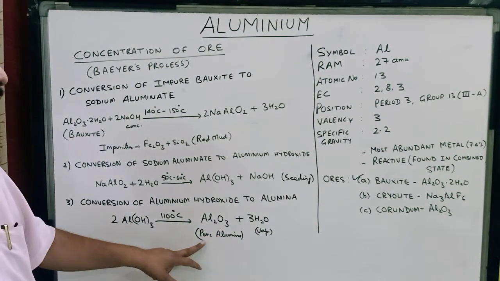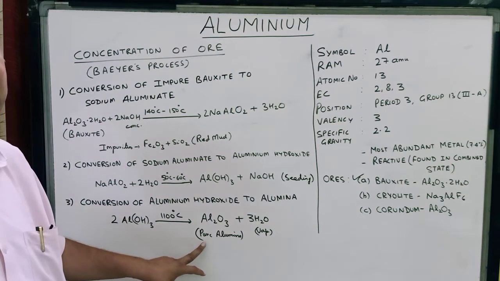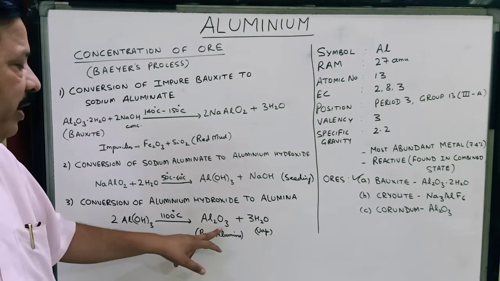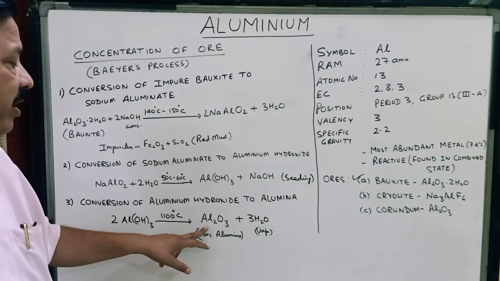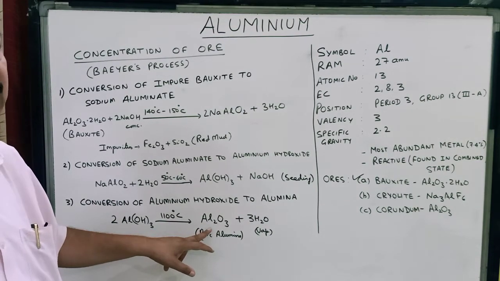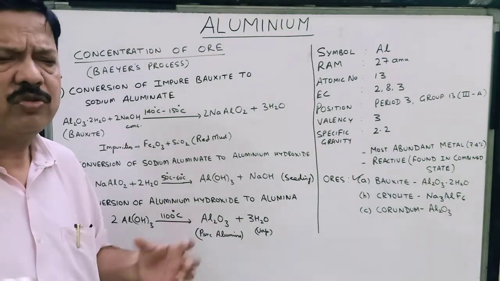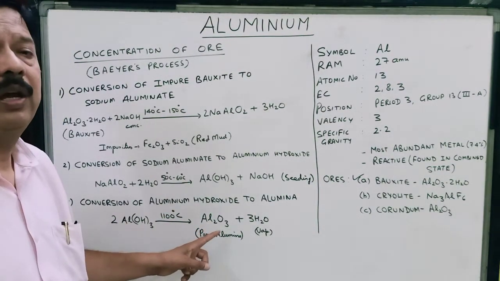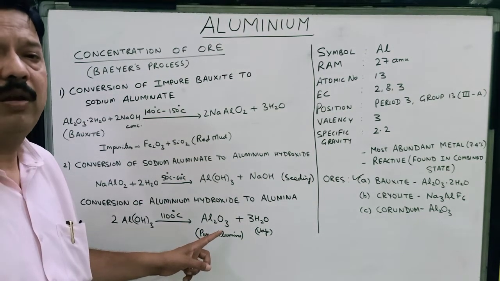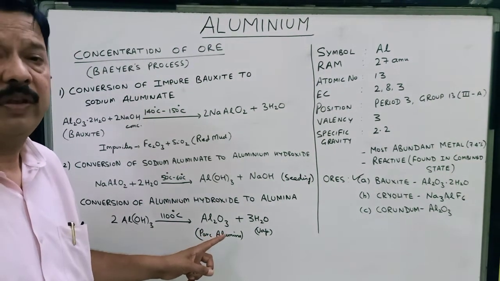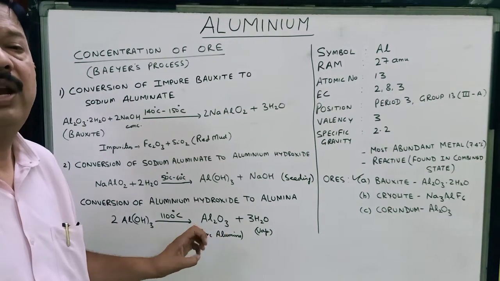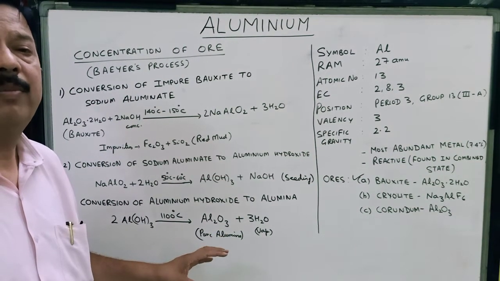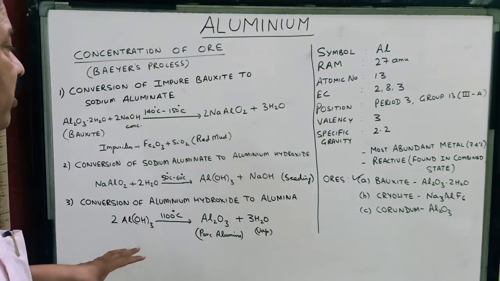So here we get pure alumina, from which we extract aluminium. Aluminium can be extracted if we reduce this compound, that means remove oxygen from it. Aluminium has a very strong affinity towards oxygen, so the reduction of aluminium oxide to aluminium is not an easy process. It can only be done through electrolysis, so we do the reduction by the electrolytic reduction process.